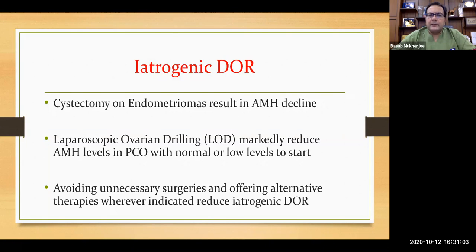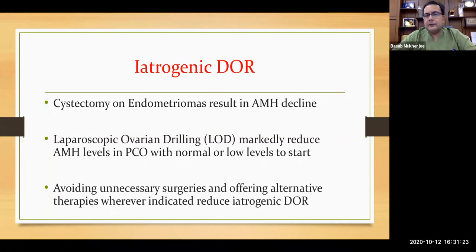We have also understood with time, when you're doing an endometrioma surgery, there's a nice chocolate cyst out there, and when you want to do cystectomy and peel off the cyst wall, then we are destroying a lot of those follicles. So the balance should be between peeling it off vis-a-vis recurrence.